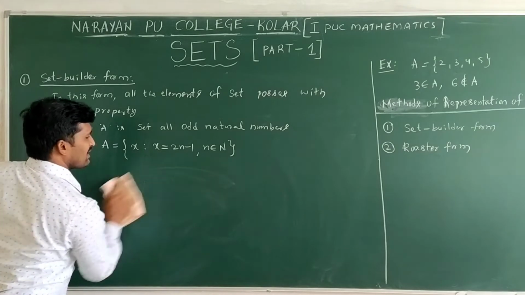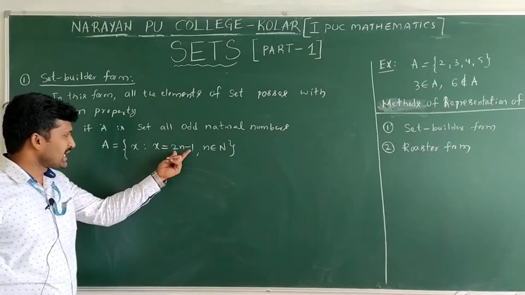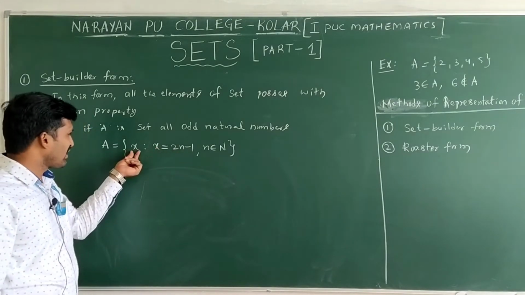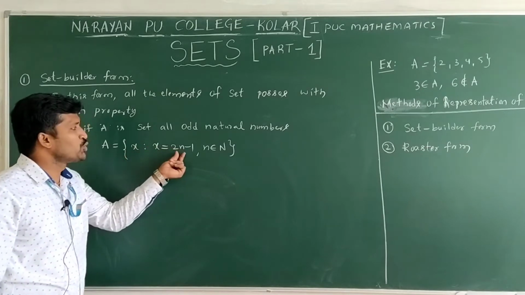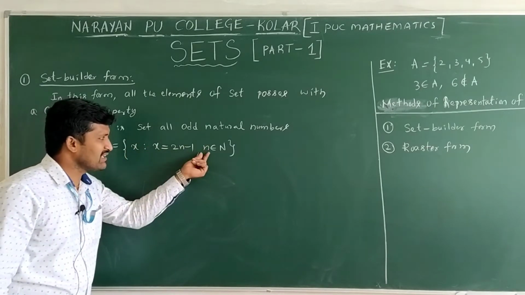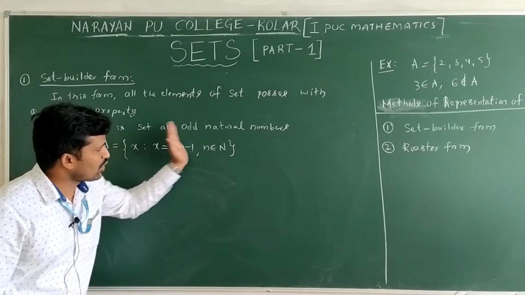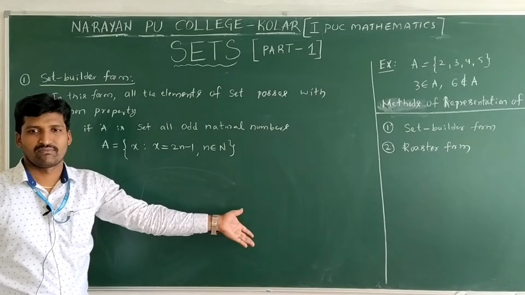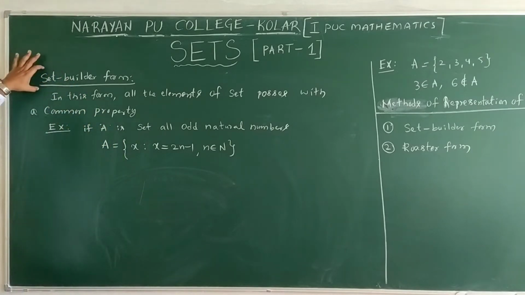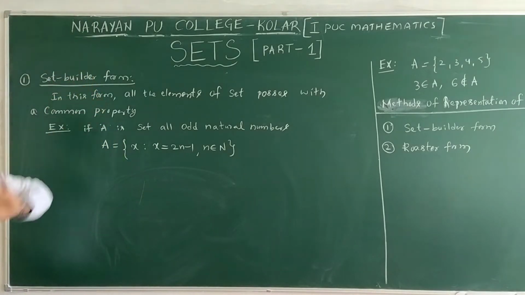I have expressed it clearly with a common property. This single property will give the set of elements x. What is x here? 2n minus 1. What is n here? Natural number. If you substitute one value, you will get the set of all odd natural numbers. So this is a simple definition of set builder form.